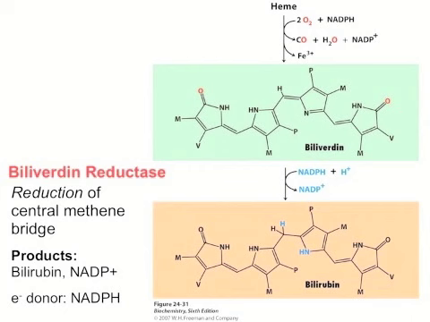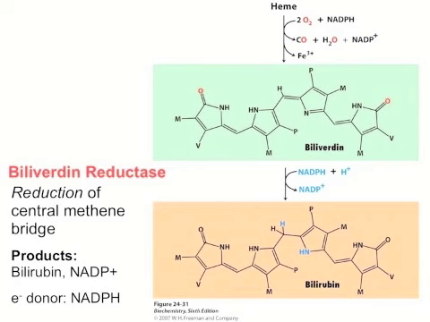NADPH will be oxidized and biliverdin will be reduced to form bilirubin. And the sites of reduction are shown in blue in the figure below. The enzyme that catalyzes this reaction is called biliverdin reductase. Again, this is because biliverdin is being reduced.